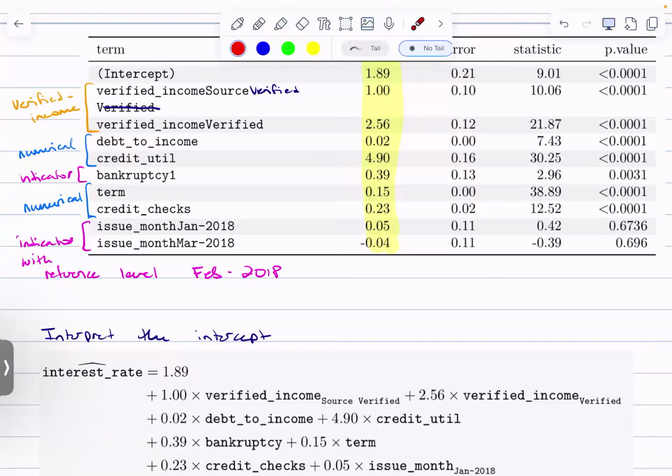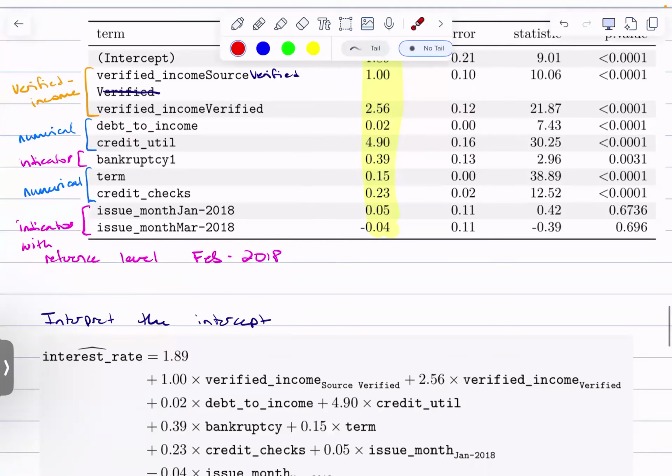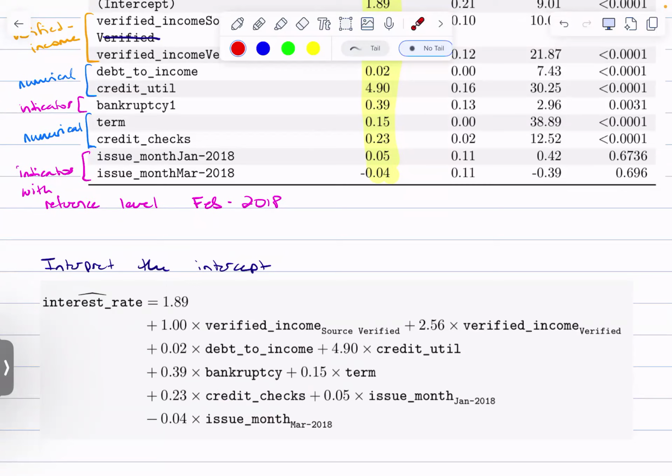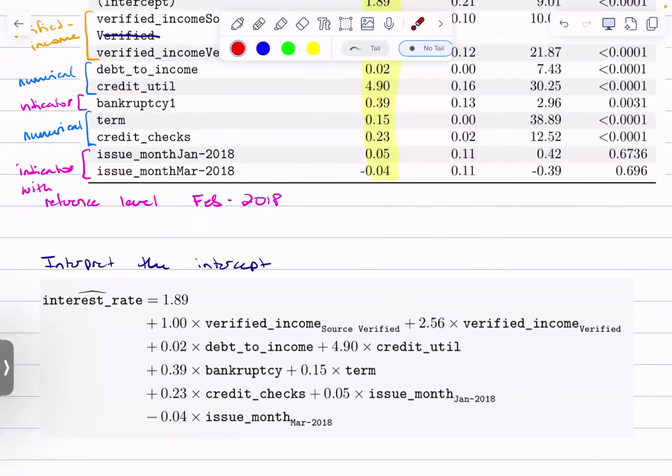A lot of these are positive, which means that as you move from either 0 to 1, or just increase in numerical value, your predicted interest rate is going to be increasing. And so, if you incorporate all these things. So here, this is just a nicer write out than I could ever do, and it would take me a long time. And so, luckily I post my notes, so I don't feel too bad.